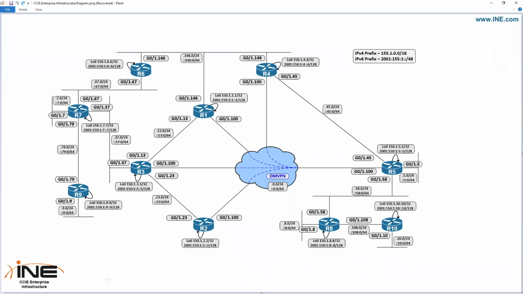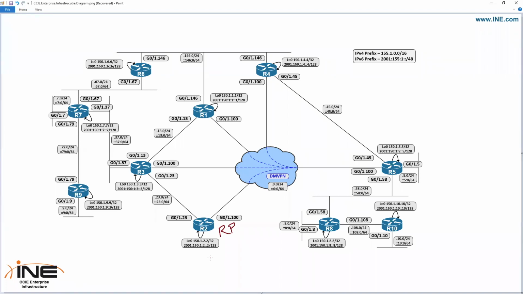And the next step is that we need to define a rendezvous point that we're going to be using as a central collection point for the senders and the receivers. Okay, so in this particular case, we're going to use router 2 as the rendezvous point. And there's a couple different ways that we could assign router 2 as the rendezvous point. We could go to each router statically, and we could use the IP PIM RP address command and statically define router 2's loopback as the rendezvous point.